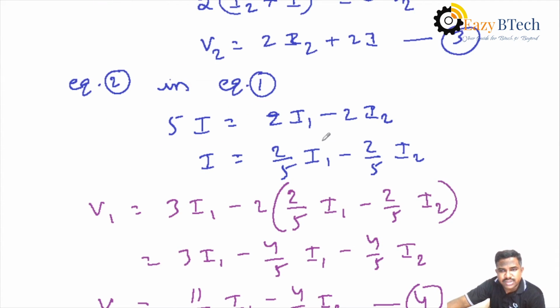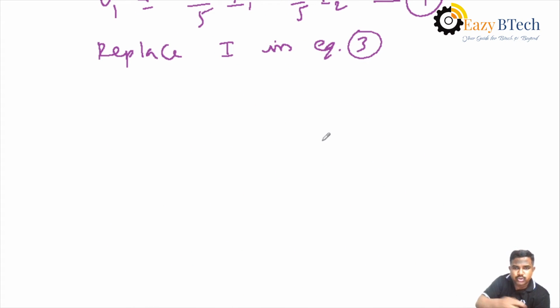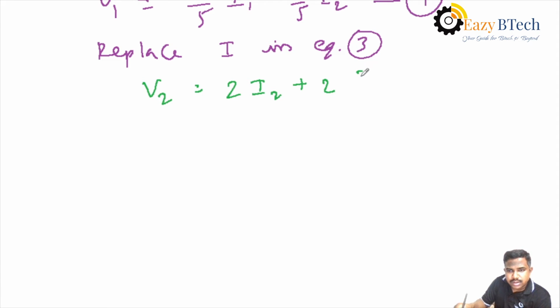We know equation 3 is the V2 equation, 2 into I2 plus 2 into I. Therefore, V2 equals 2 into I2 plus 2 into, what is the I value here? That is 2 by 5 I1 minus 2 by 5 I2.